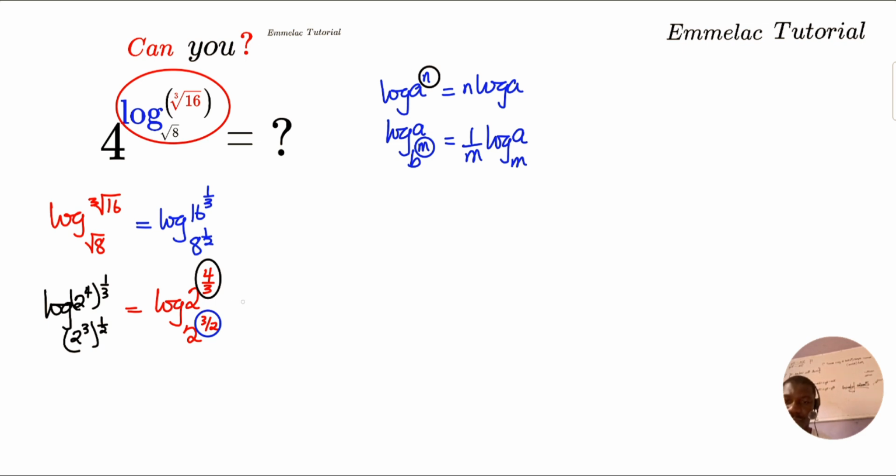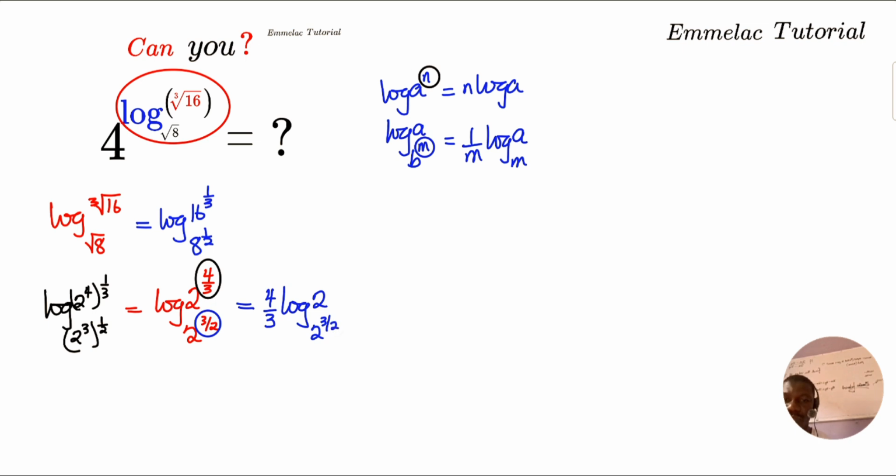Now this becomes, first of all, I want to make this 4 over 3 the multiplier first, so that we'll know exactly what we're doing. So we have here 4 over 3, then log 2, then base 2 raised to 3 over 2.